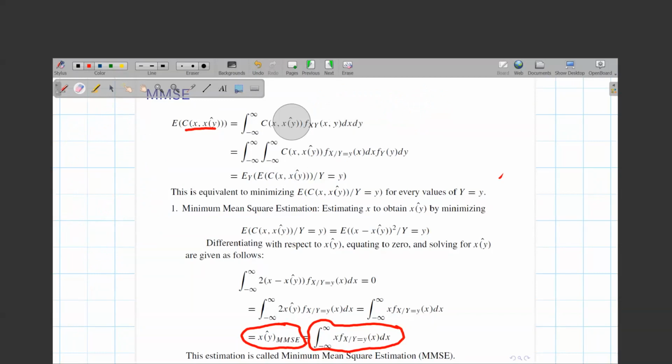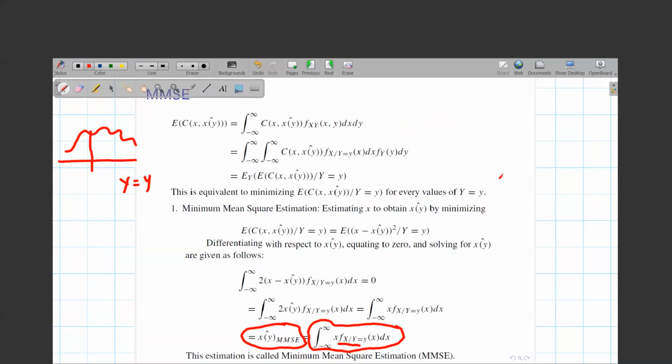What does it mean? It means you have the density function of x given y equal to y. For a given y, you have what is called the density function.